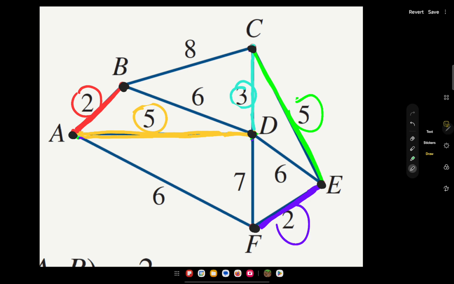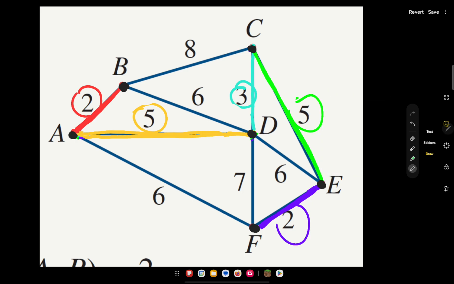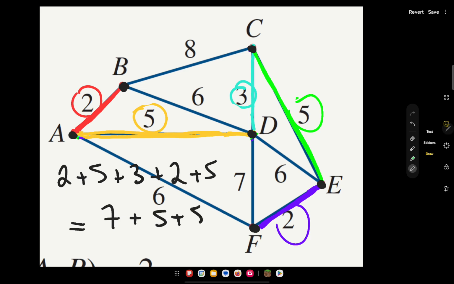So now we have our tree. What we do now is that we add all the numbers up together. So the numbers that I've circled, we're going to add them up now. So it'll be 2 plus 5 plus 3 plus 2 plus 5, which would give us 7 plus 5 plus 5, which would give us 17. So our answer here is 17. Okay, for our minimum spanning tree.